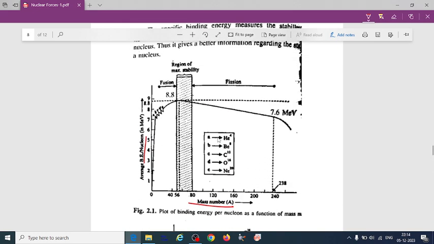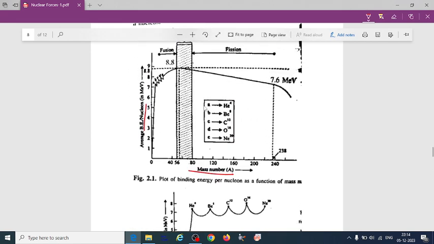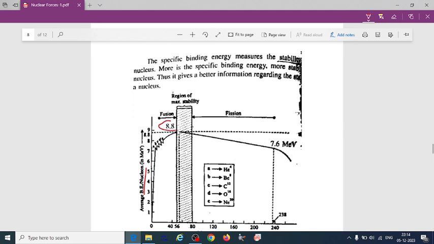From this graph we come across some important observations. The binding energy curve rises rapidly in the beginning and then gradually attains a maximum value of about 8.8 mega electron volt. Elements having mass number below 20 have less binding energy.